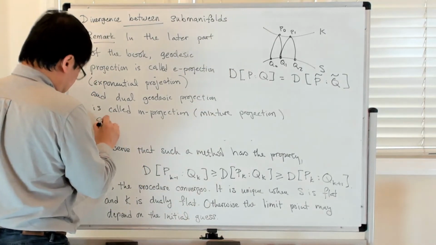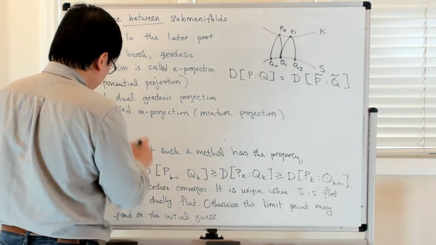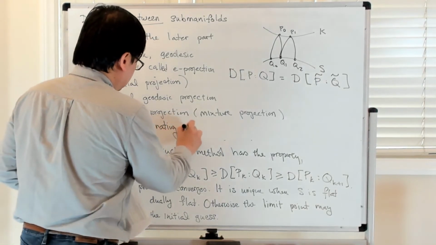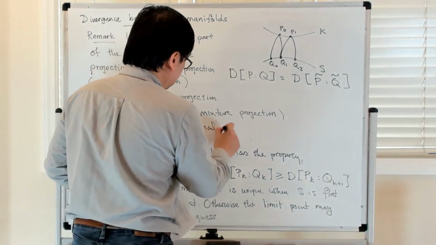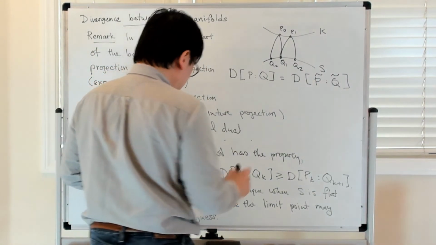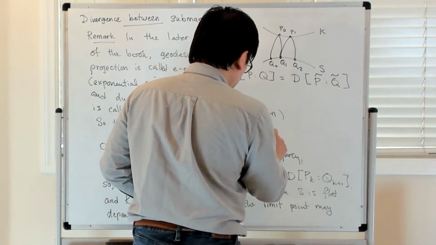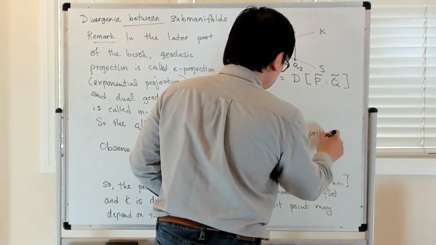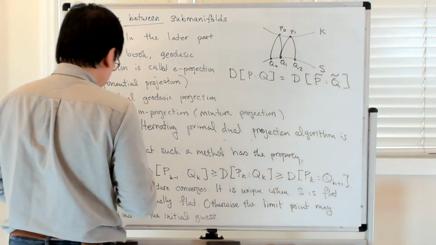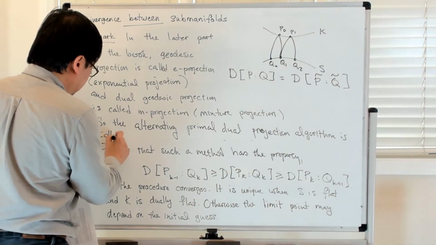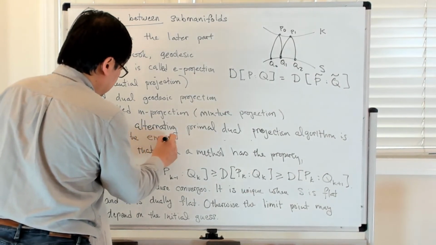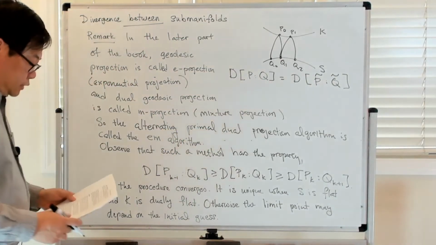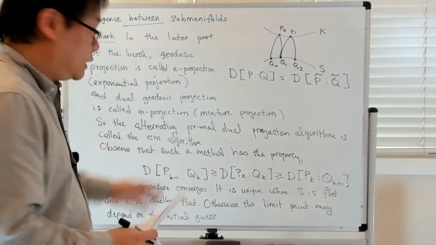So the alternating primal dual projection algorithm is called the EM algorithm. All right, so that's basically what I wanted to say about this.